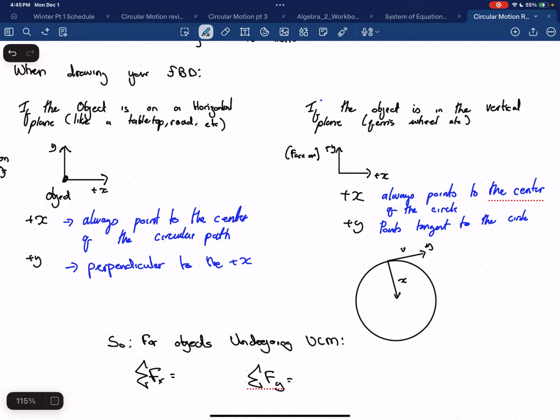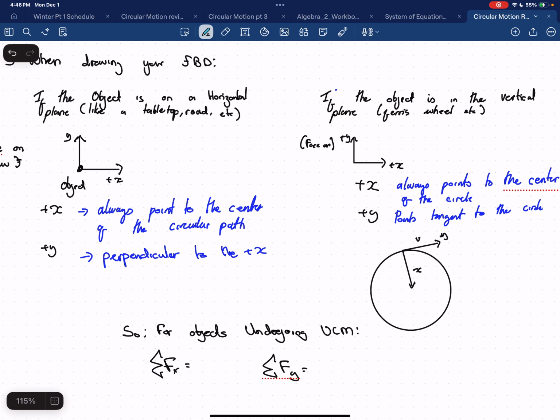So the forces that are acting on the object tangent to the circle is what will go in your plus y when you're in the vertical plane. But in your plus x, which is the most common place forces will be acting, will always point, regardless of whether you're in a vertical or horizontal plane, towards the center of the circle.